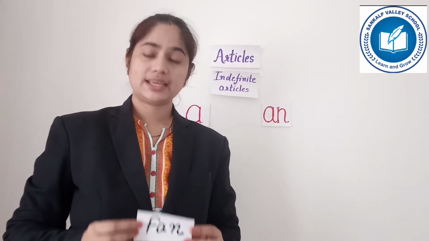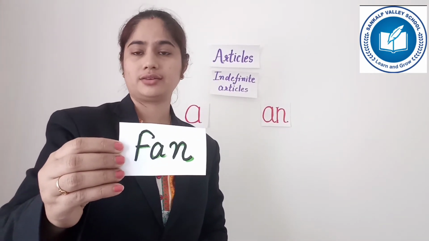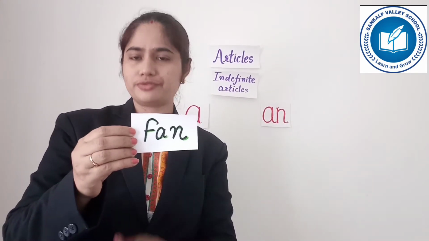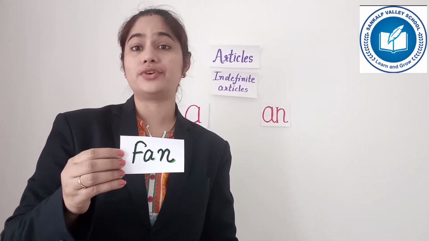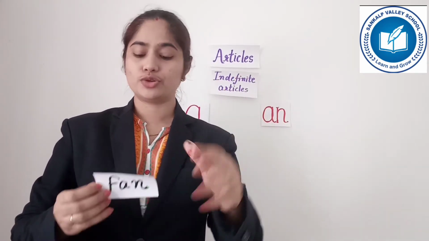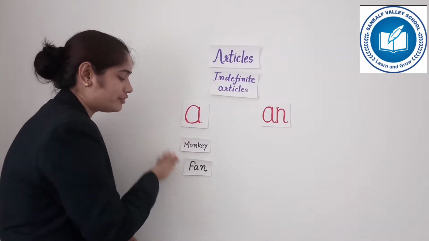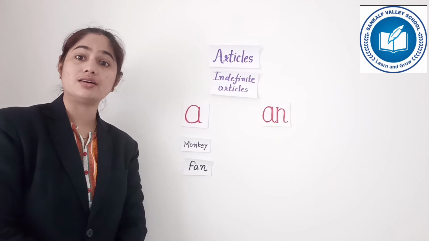Now children, let's take another noun. Fan. What is the opening sound of the noun? F. Is it among these five vowel sounds? No. So we will use a. We always say a fan.